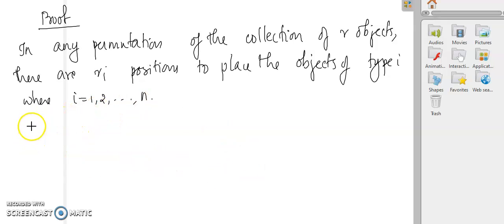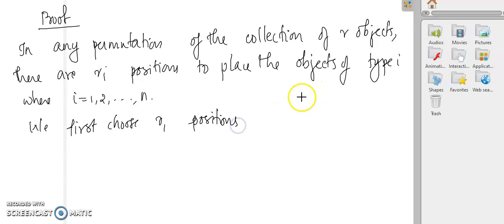Now let us first place the R1 objects. So we first choose R1 positions for type 1 objects. So let us arrange the R1 objects first. So we first choose R1 positions for R1 identical objects.